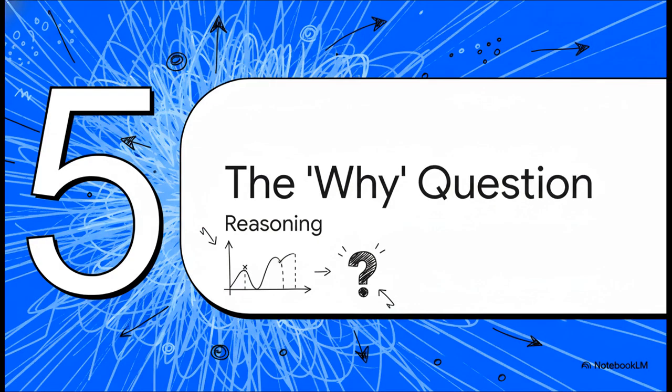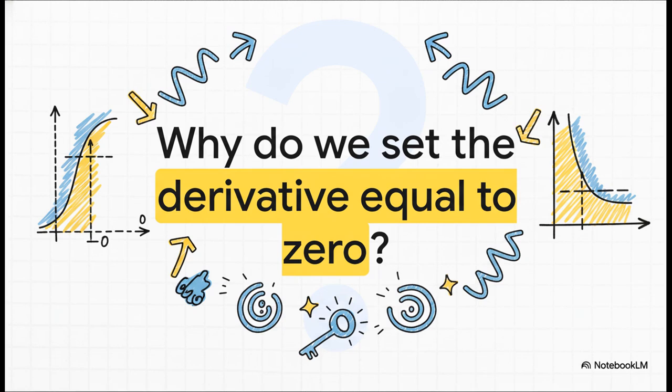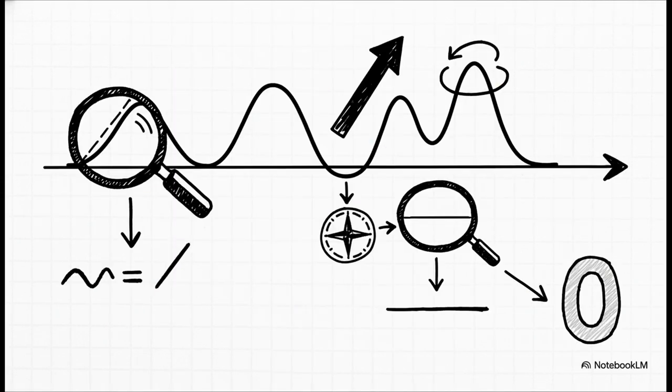So far, we've really focused on the how of all this, which is fantastic. But to really, truly master a concept and make it stick, you've got to understand the why. Why does this whole process actually work? Let's tackle that big question head on. Why is setting the derivative to 0 the magic key that unlocks these special points every single time? See, it's not some random math rule we just have to memorize.